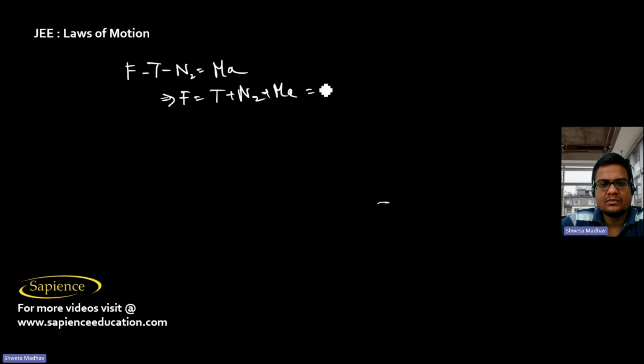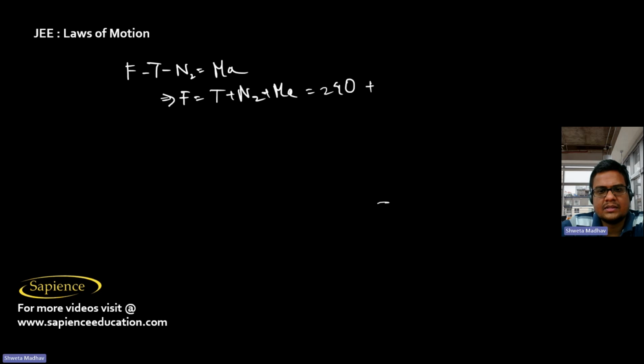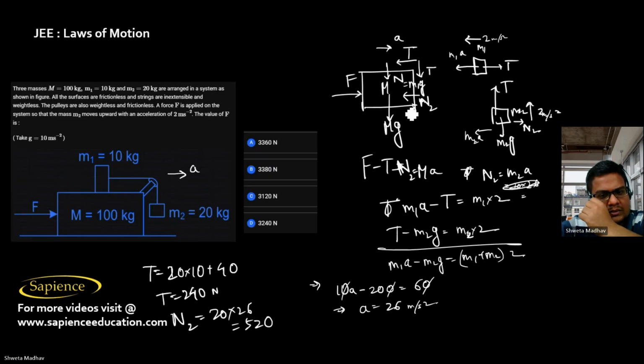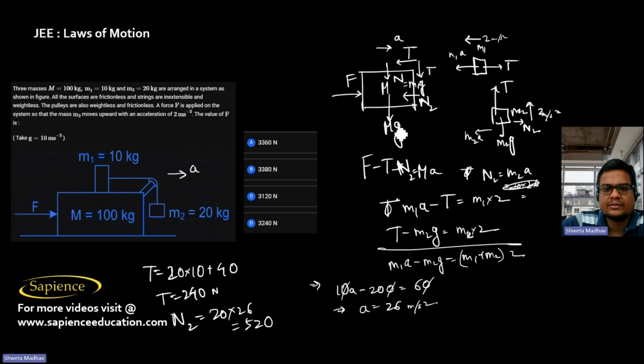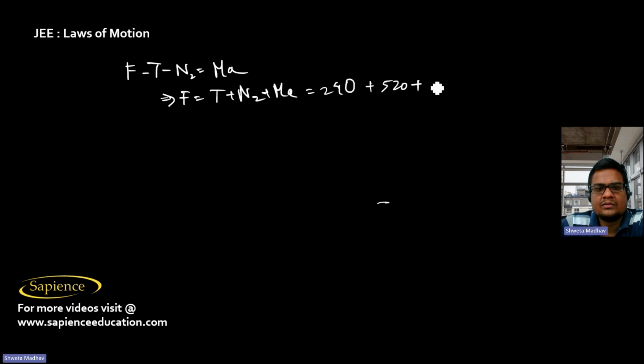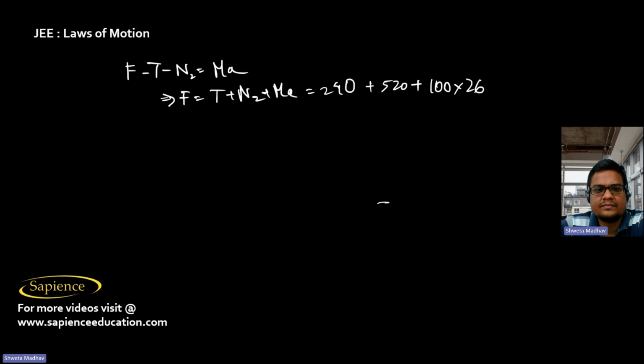So T is 240, plus N2, that will be 520, plus M into a, which equals 100 into a. a is 26.